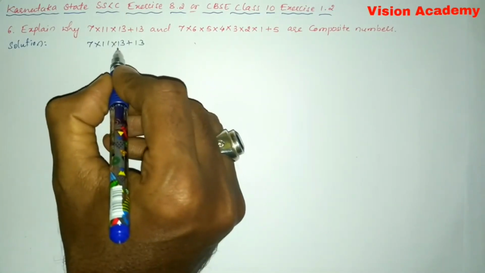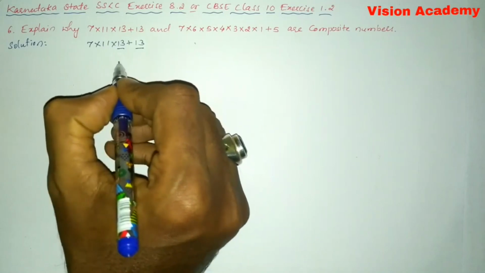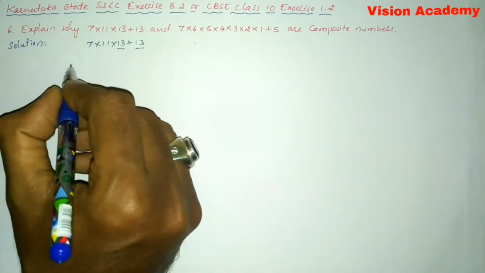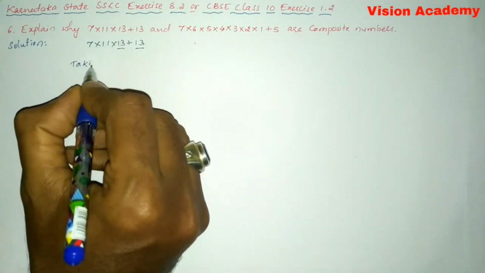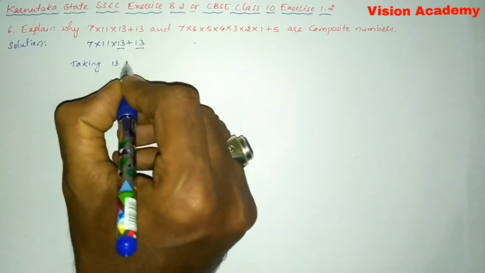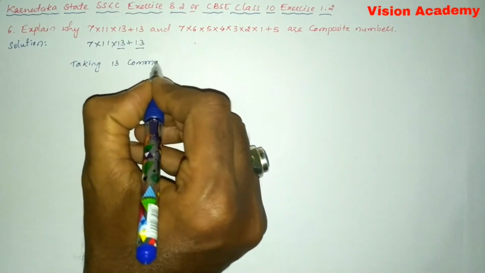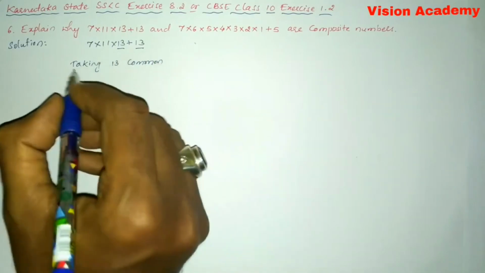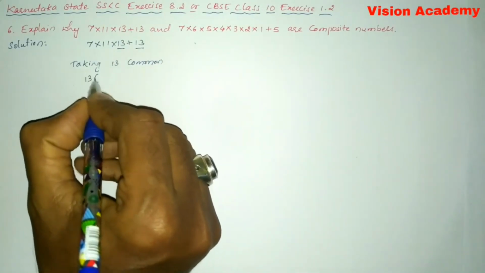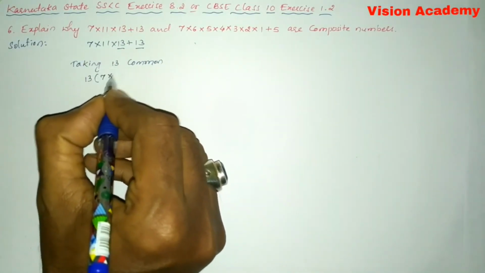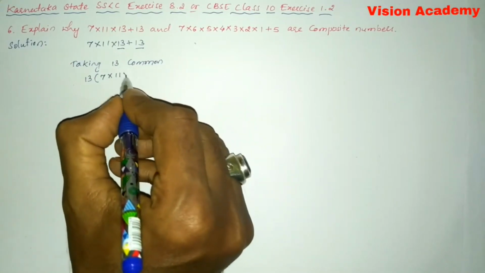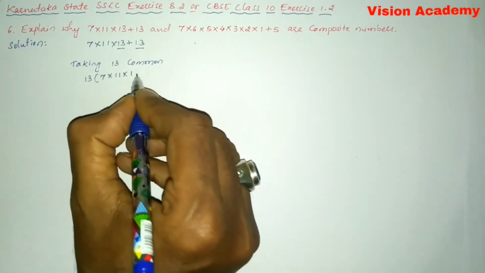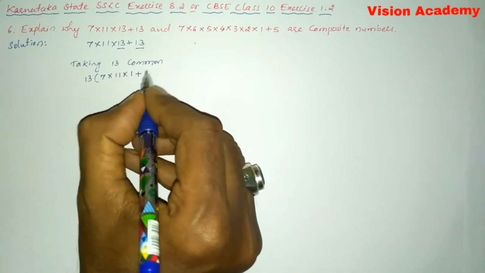Here in both of these two terms you can find 13 as common. So here we'll write, taking 13 common, 13 and inside the bracket we remain with 7 into 11 into, in place of 13, 1, plus, in place of 13, 1.